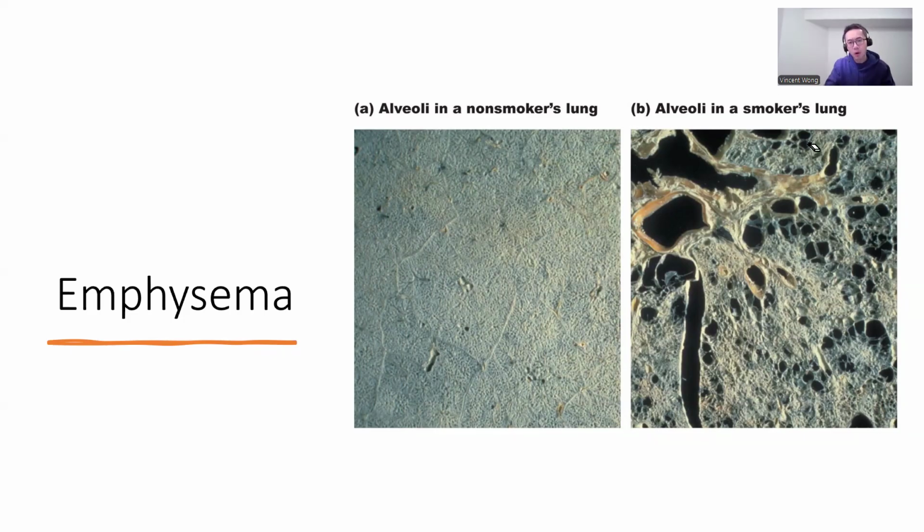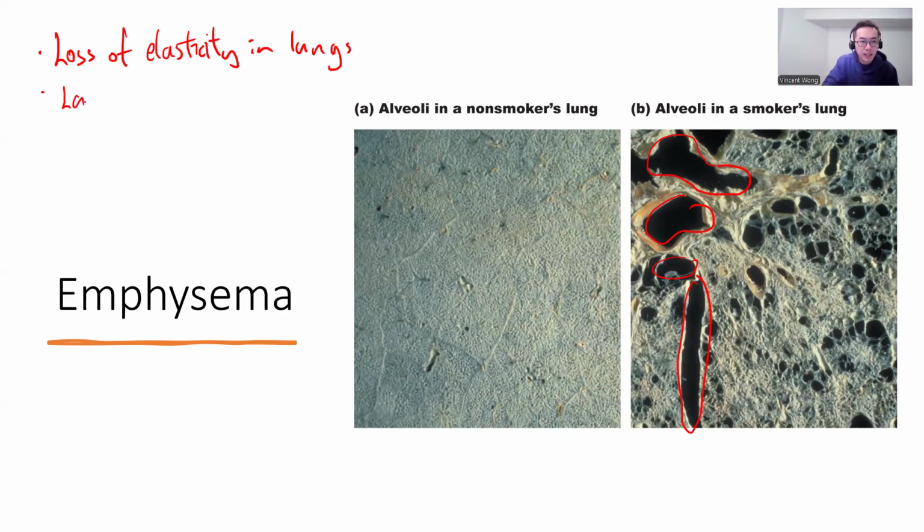For a smoker, the alveoli actually get destroyed, and they leave behind these huge, big empty spaces in the lungs. So for emphysema, the person would have loss of elasticity in the lungs, and that makes it laborious to exhale, right? Because it's no longer like a balloon, it's more like a paper bag.